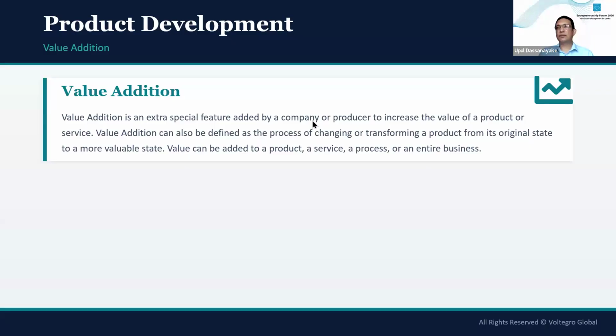Add value to that product, because it goes on one product. He used to sell that product also, but later he made it unique and started selling. Then while he was selling, he realized, now I was focusing on one market, but in that market there are so many other market segments having various interests or requirements.